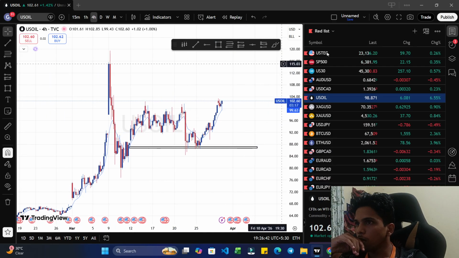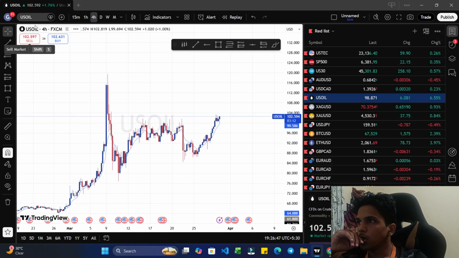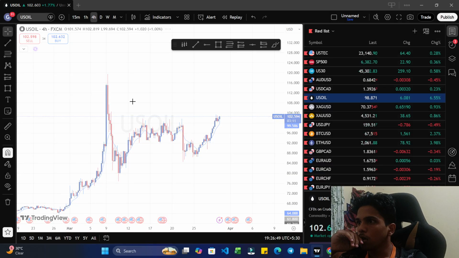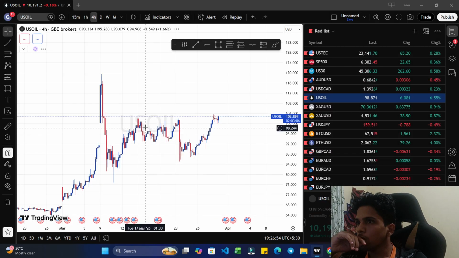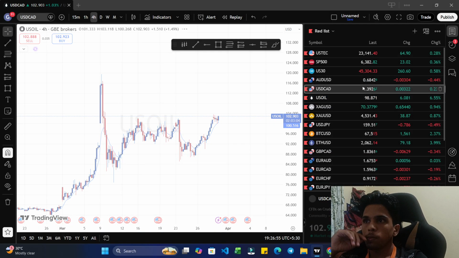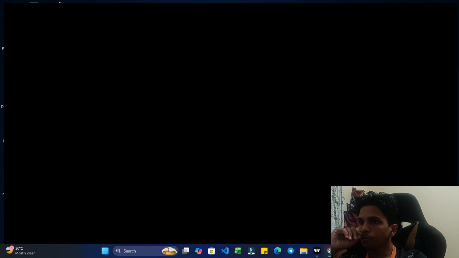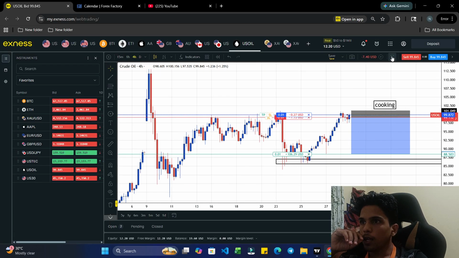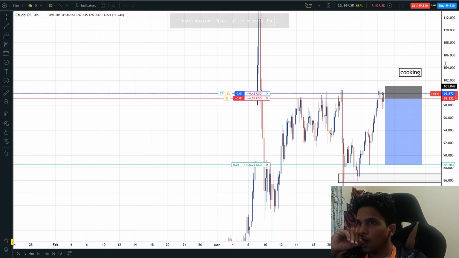This is not the right chart. This is also not the right chart. There is no right chart here. So we are analyzing on this chart again.